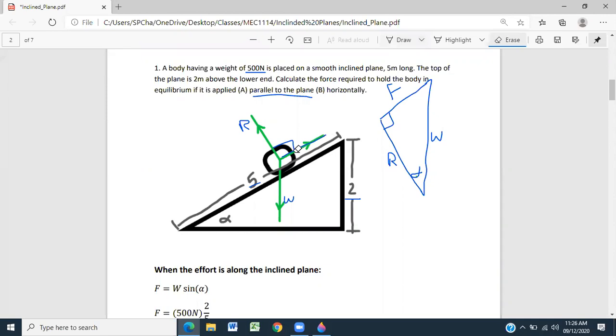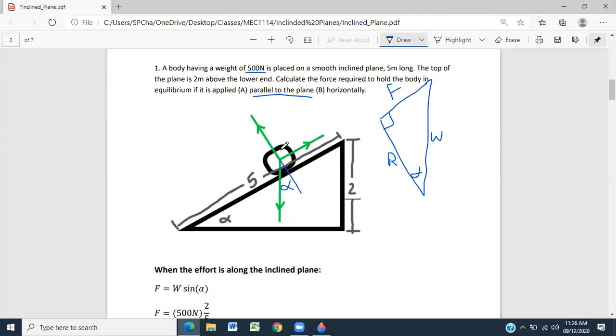So let's create a force triangle. How do we do that? Slide this up here. This is F, move it there, like here. And W we could put here. And we create this force triangle. Now, I don't know if you can see it right away, but this angle here is alpha.